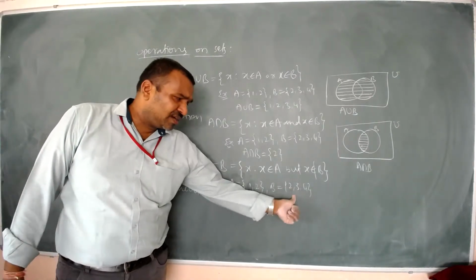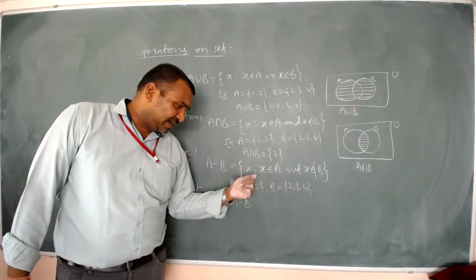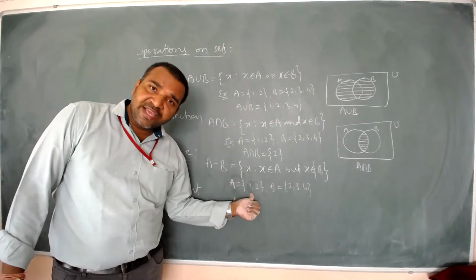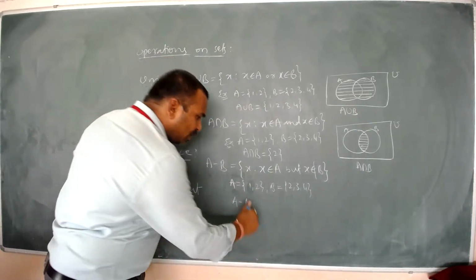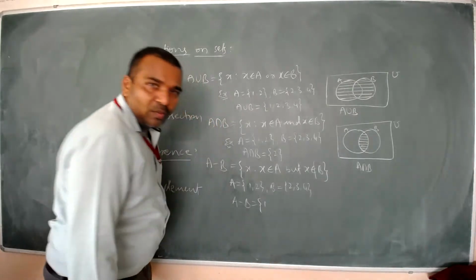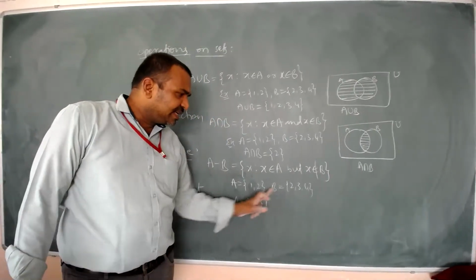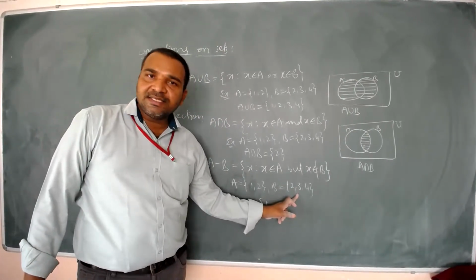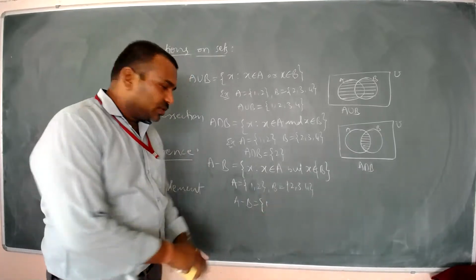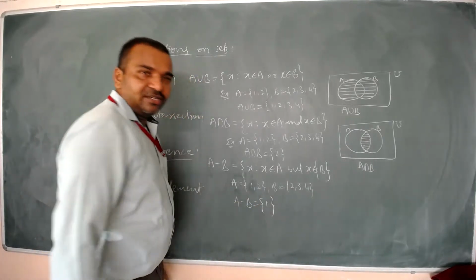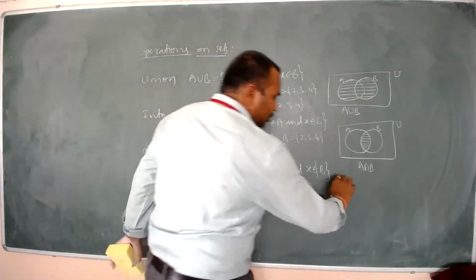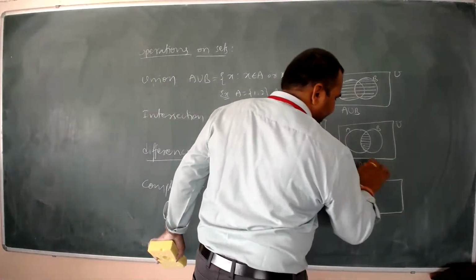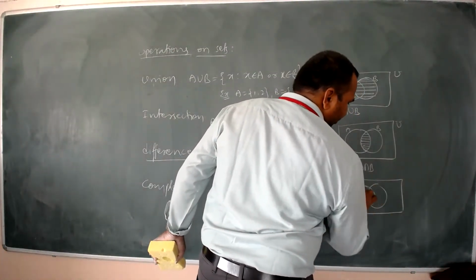So 1 is there in A, it is not there in B. So in A minus B there is 1. Next, 2 is here and also there, so it is not included. So what is A minus B? Set {1} only.